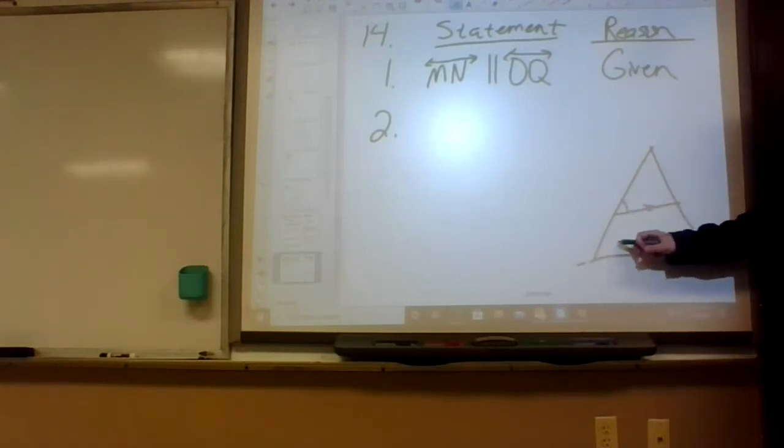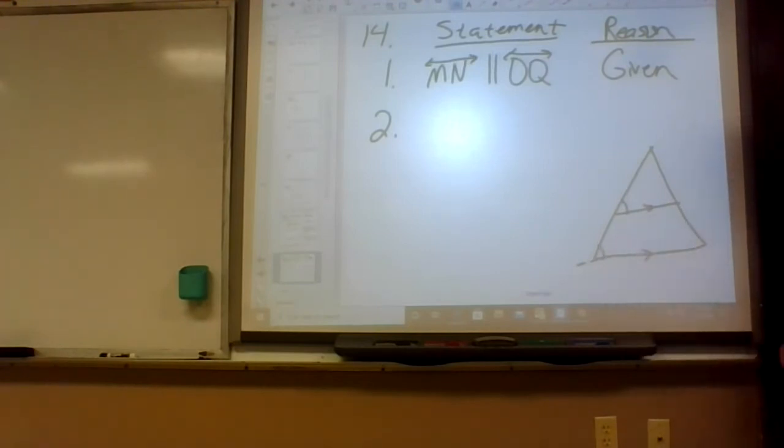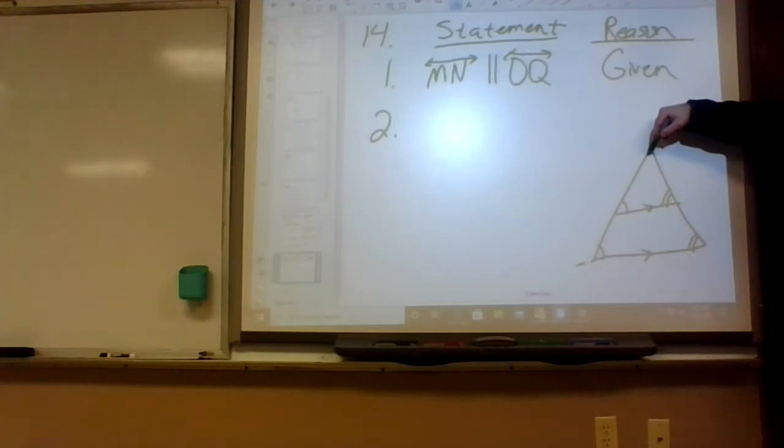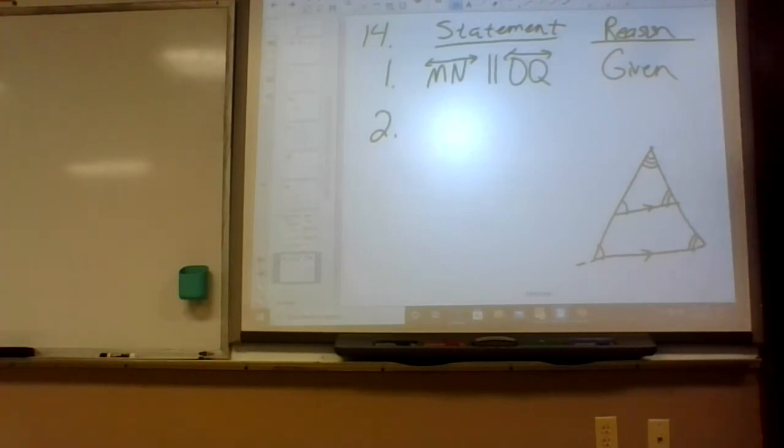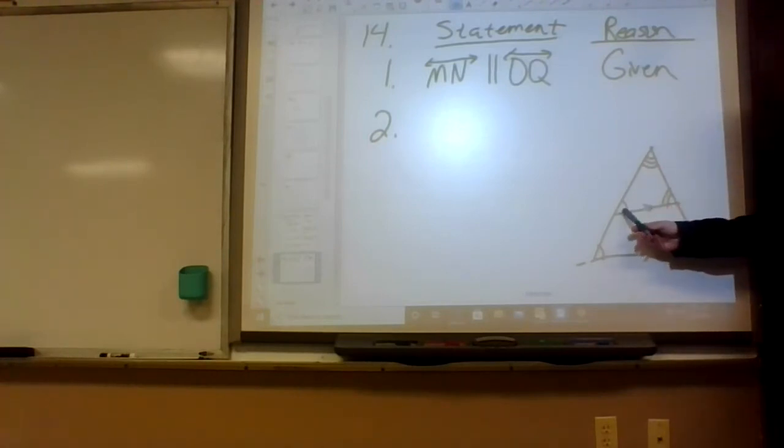So this one and this one would be corresponding angles, and those are also congruent. And same thing over here. And why could we say the top angle is congruent? Because it's the same angle. Right, reflexive. Remember that line. But we only need two really, so since this has the same reason, I'm just going to use this one.